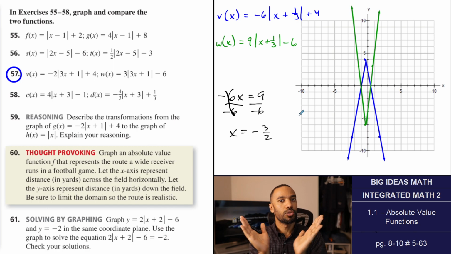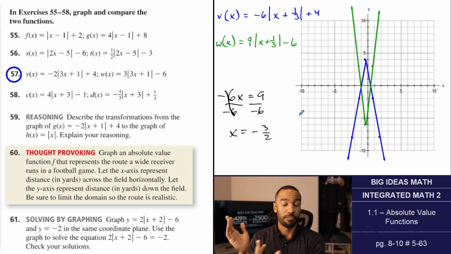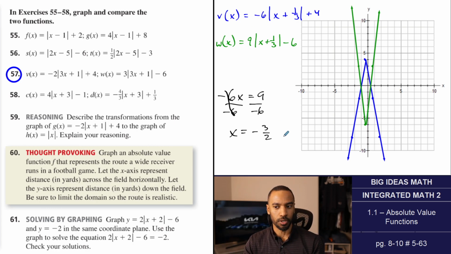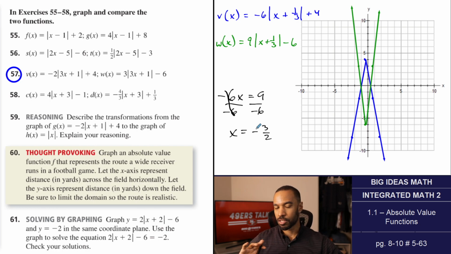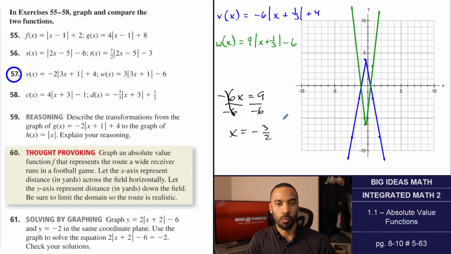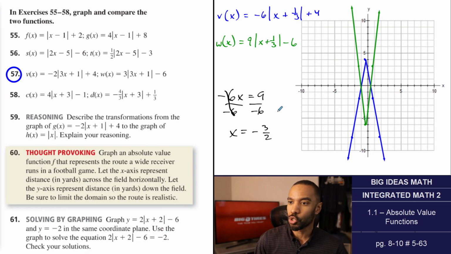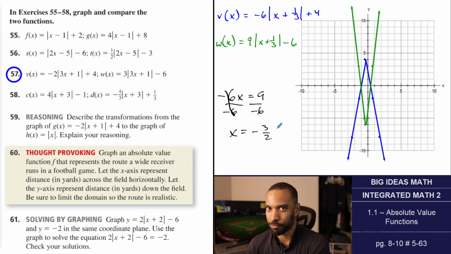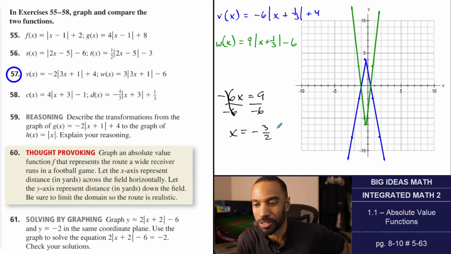Because remember, this original graph wasn't, we're not going to say vertex stretch by a factor of 9 or by a factor of 6 or anything like that. We're going from blue to green. So, first of all, the negative of this means we have to reflect over x-axis. That's the first thing. Next thing, it's a fraction, but it's a fraction more than 1. So we are going to vertically stretch by a factor of 3 halves, or 1.5. 50% more if you really wanted to.